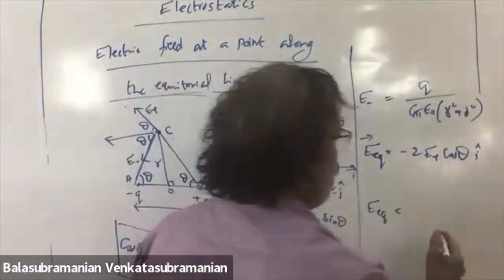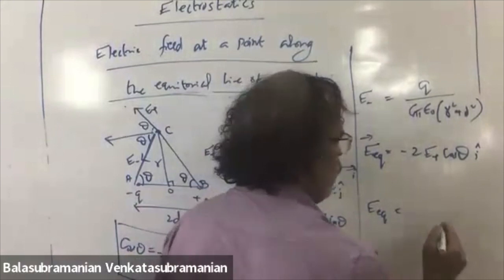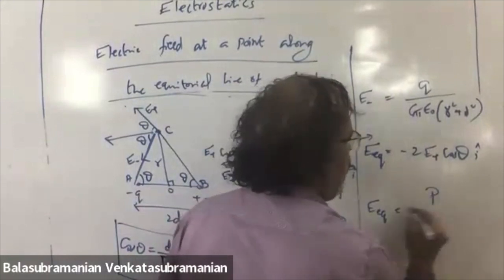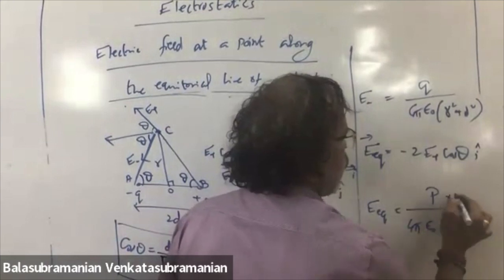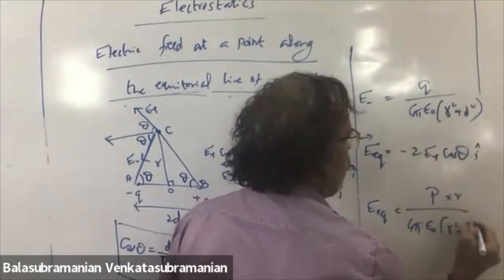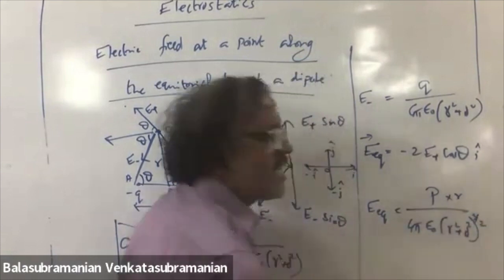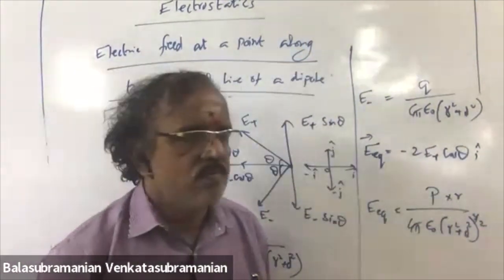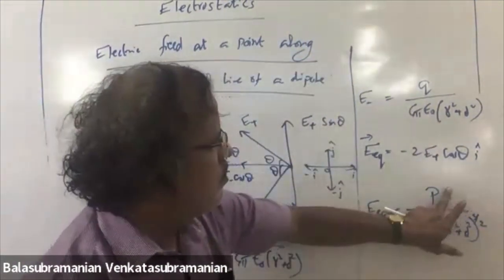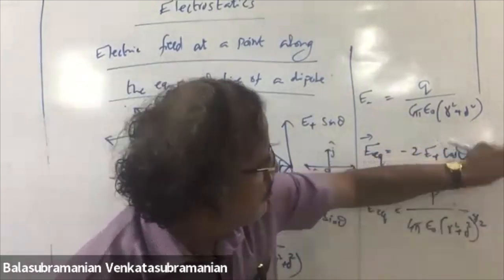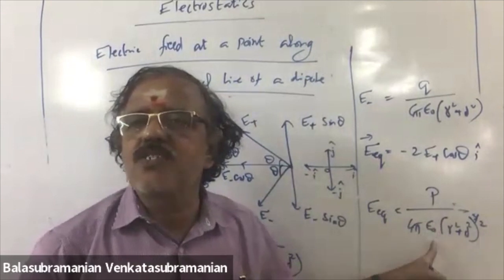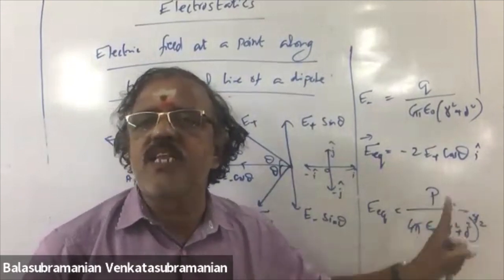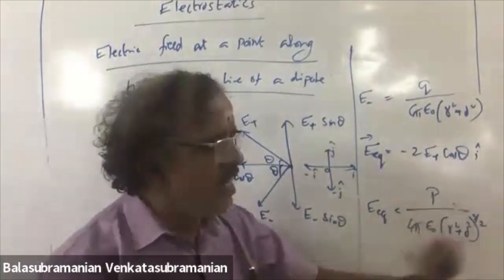Substitute that value, the final answer will be P by 4 pi epsilon naught, of course, into R square plus D square whole power 3 by 2. Into R will not come here.